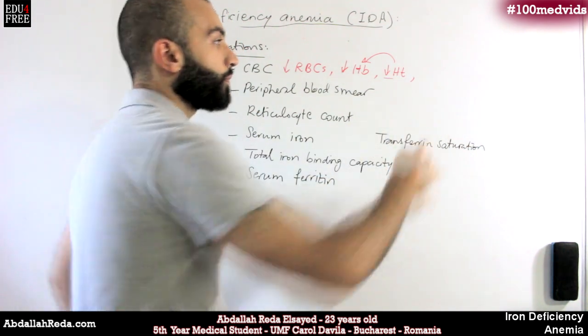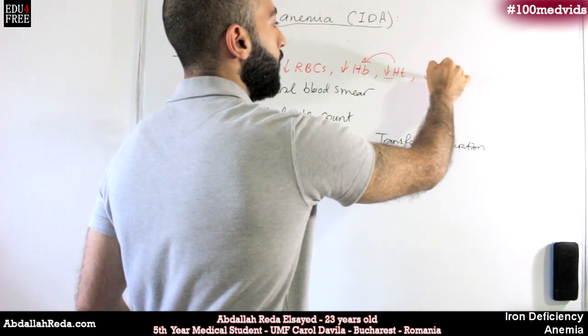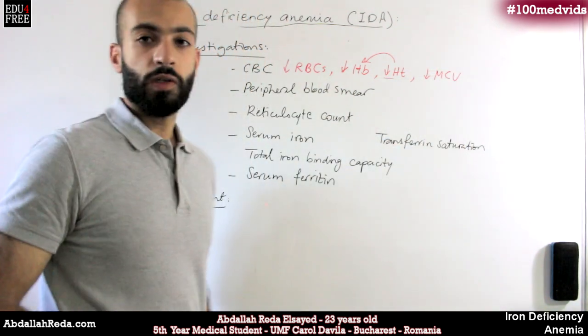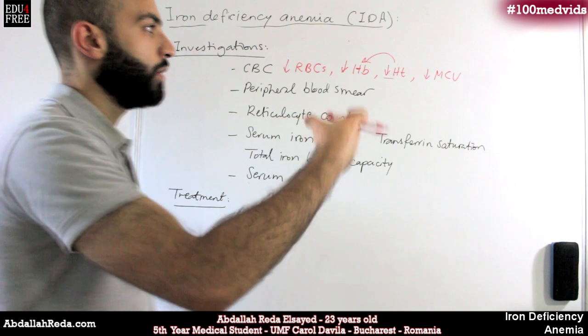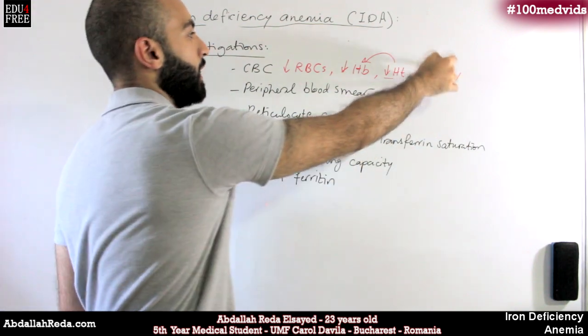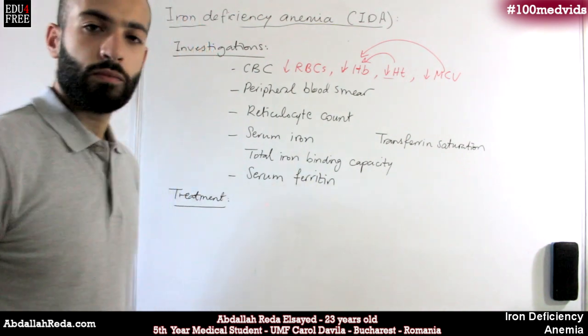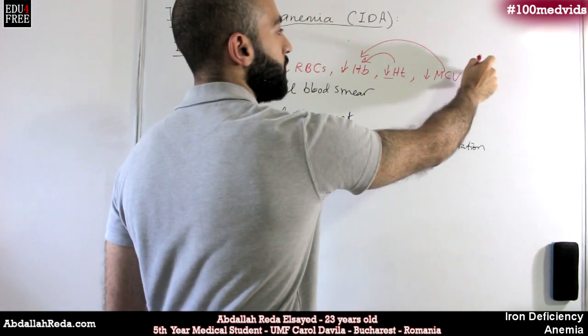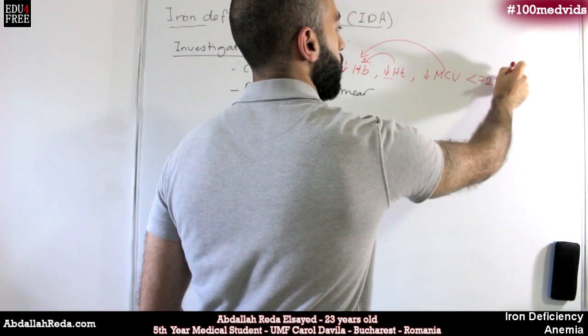We have low MCV, so mean corpuscular volume, which means the volume of the red blood cells would be decreased because, again, of the low values of hemoglobin, so that would be less than 72 femtoliters.